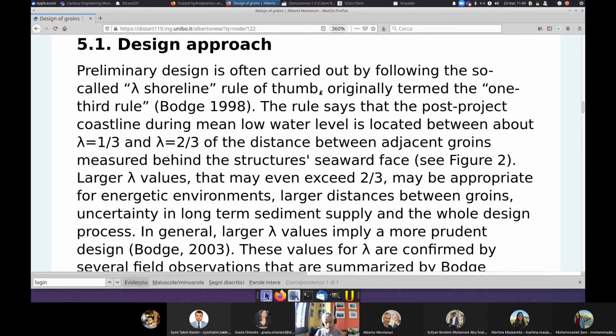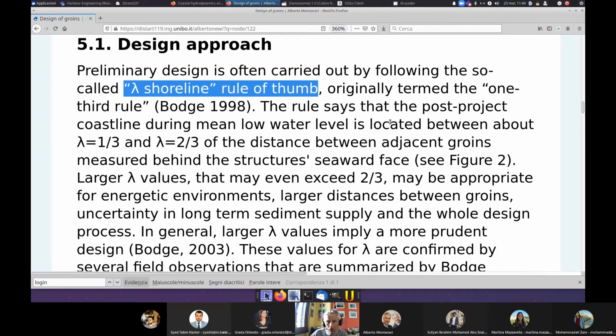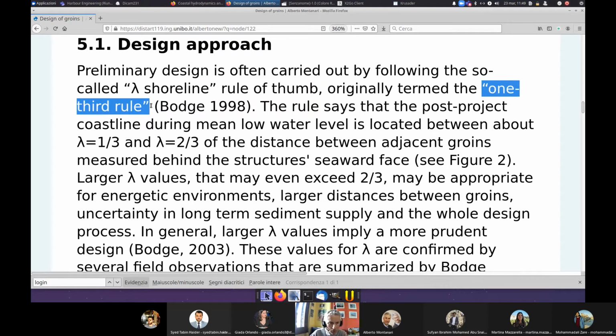Now, let me discuss these rules of thumb. There is a queen rule of thumb in designing groins, which is called the lambda shoreline rule of thumb, or you may also call it the 1/3 rule or 1/3 lambda rule.